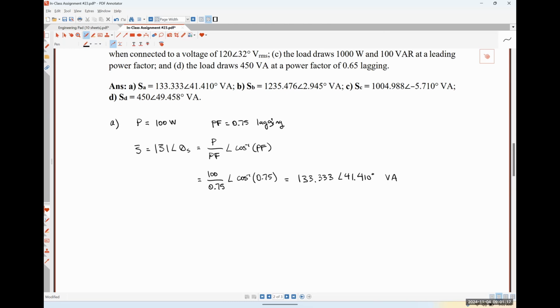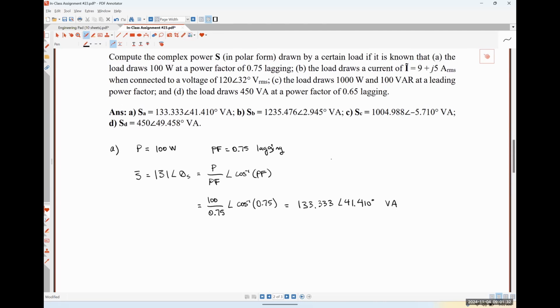One thing that I want to bring to your attention is the inverse cosine function on your calculator is always going to return a positive angle. So we need to pay attention because we were told that our power factor was lagging. That means we know that our angle should be positive, so I'm going to put a little plus sign out here to remind myself of that.